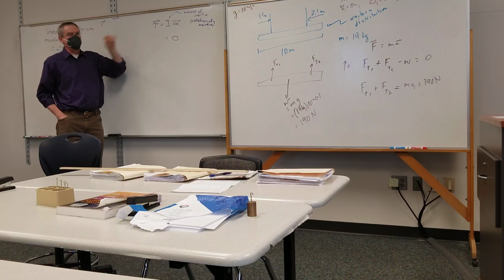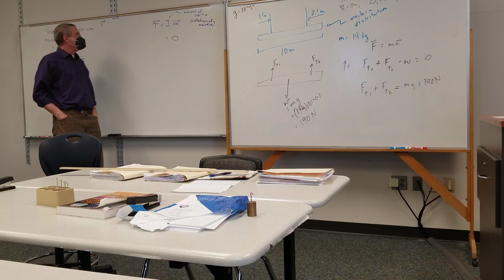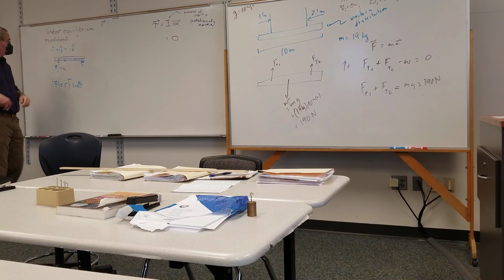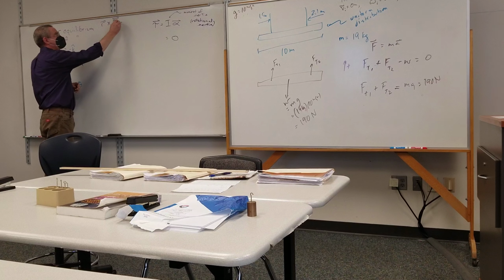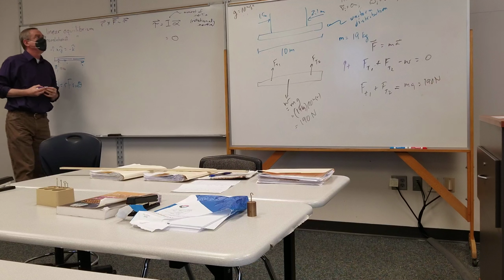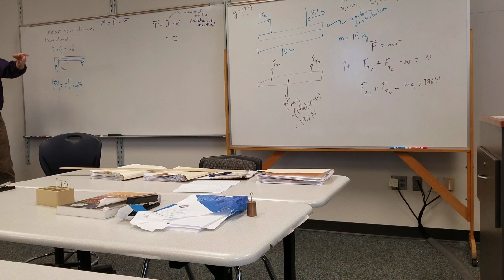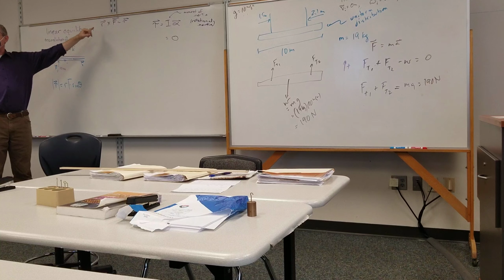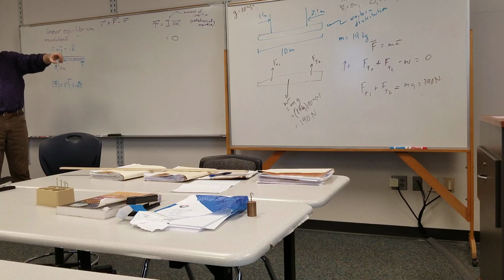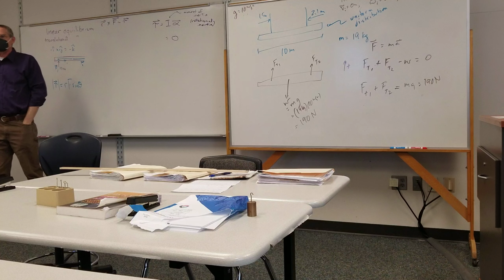All right, so torque. We know that torque is R cross F. Forces, I got 3 of them over there. R depends upon where the pivot point is, or the axis of rotation. So what is the axis of rotation of a beam that's just sitting there?